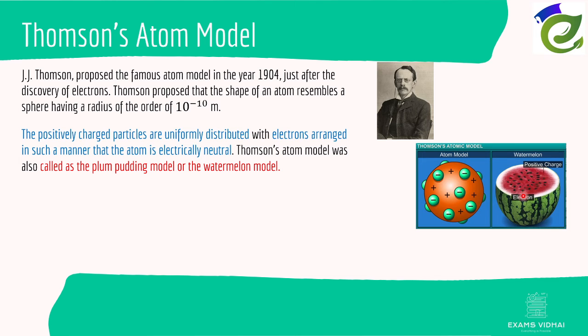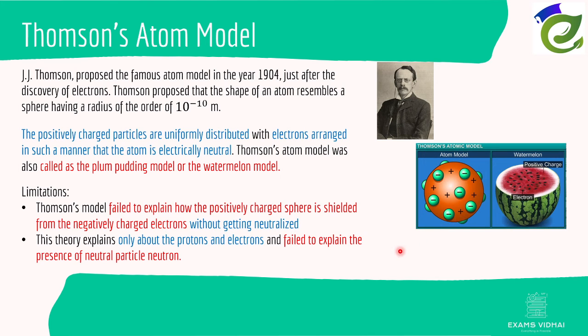Imagine the red part to be the positive charge and the seeds to be the electrons. Imagine it as a sphere, an atom basically, so it has both positive and negative charge. This model was later known as the plum pudding or watermelon model, and the radius of this sphere that J.J. Thomson proposed was in the range of nanometers and angstroms.